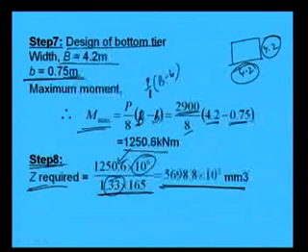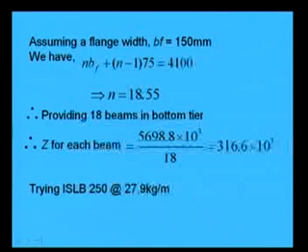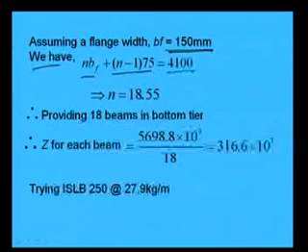Then what will we do? Now if we assume a flange width of 150 mm, then we have n BF plus n minus 1 into 75 equal to this. From this I can find out n is equal to 18.55.